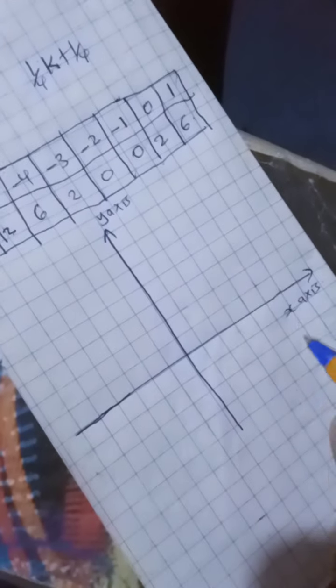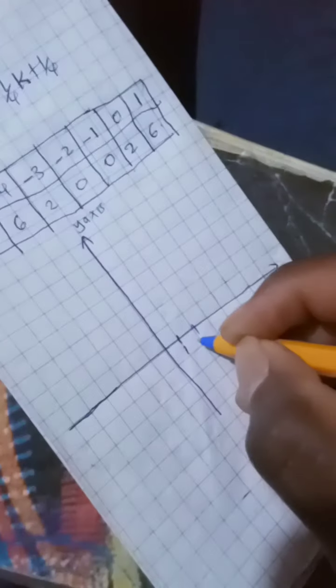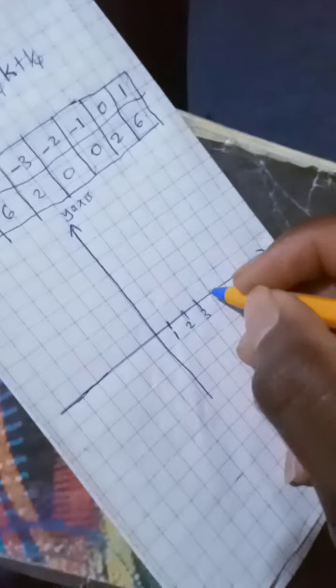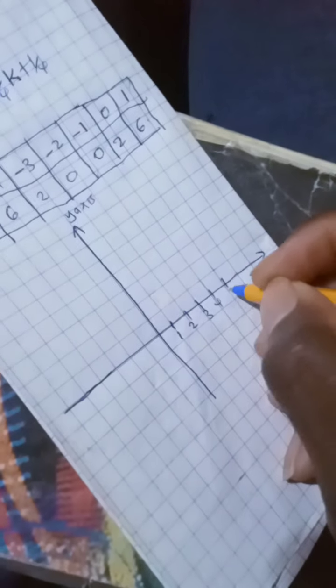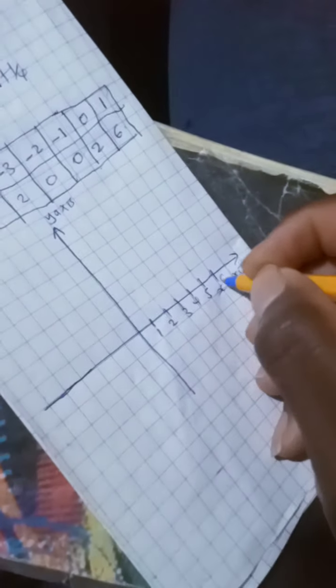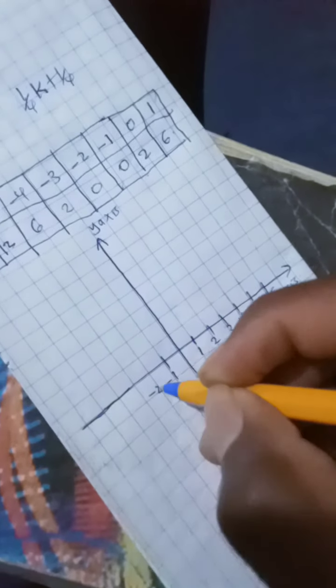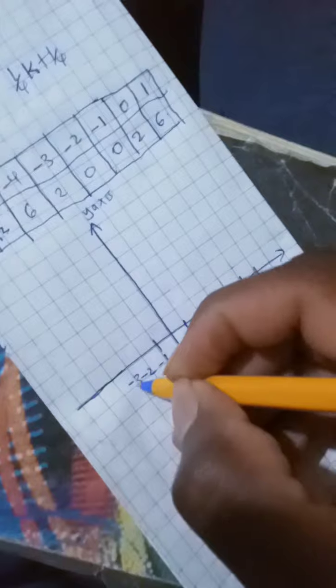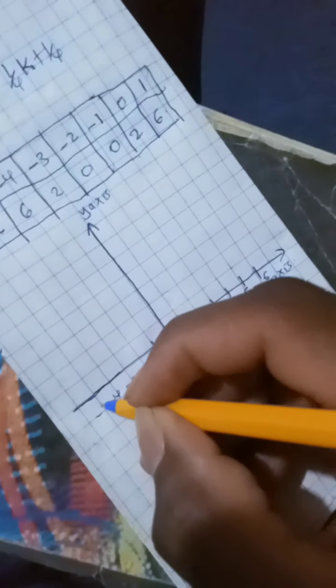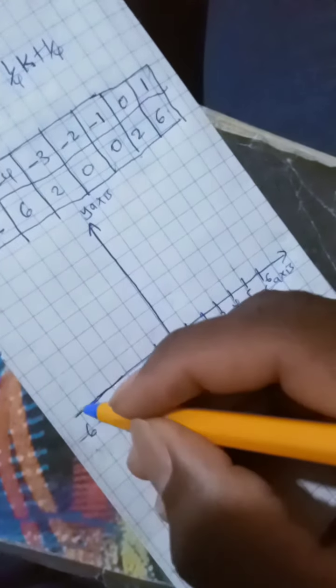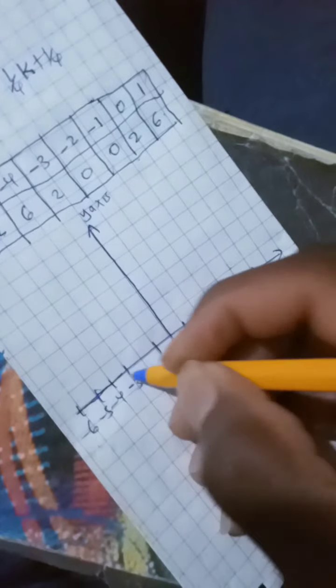So we'll just number our Cartesian plane. So this will be 1, 2, 3, 4, 5, 6, -1, -2, -3, -4, -5, -6, like this.